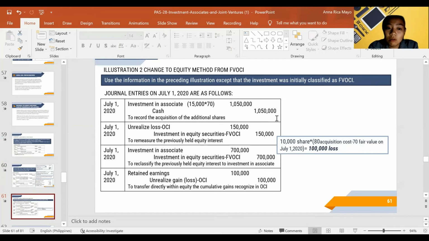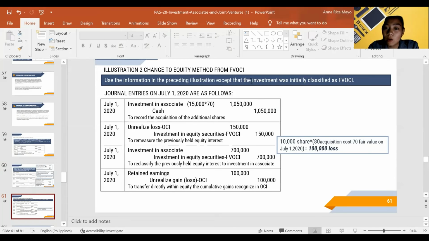Same pa rin nung sa last problem natin, para ma-record mo lang yung another acquisition mo, yung pag-acquired mo ng 15,000 shares. And then yung loss, kanina, unrealized loss, i-record mo na siya sa OCI. Hindi na siya sa profit or loss, kundi sa OCI.